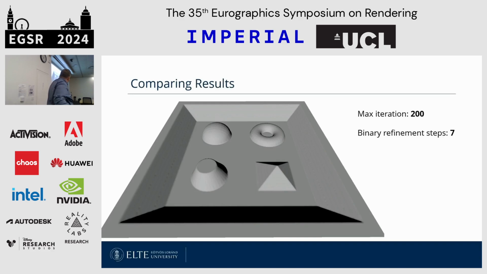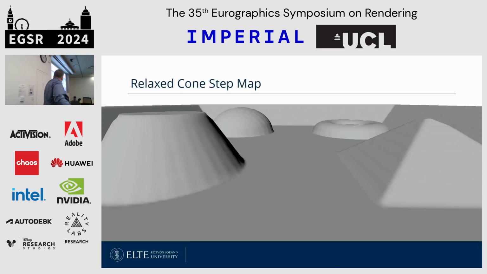The first test case, I think everyone knows this texture. If we render it with a relaxed cone step map, we would say, yeah, this is quite nice. But if we look at some details, we see some missed surface features.